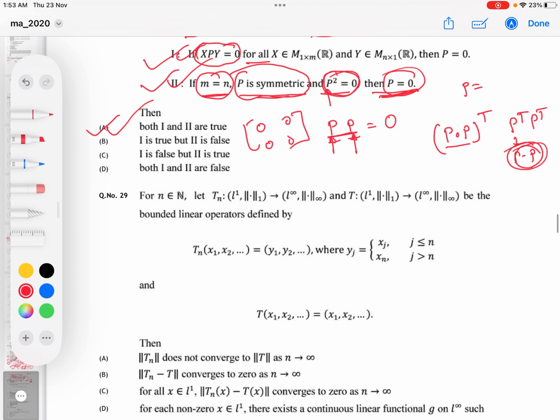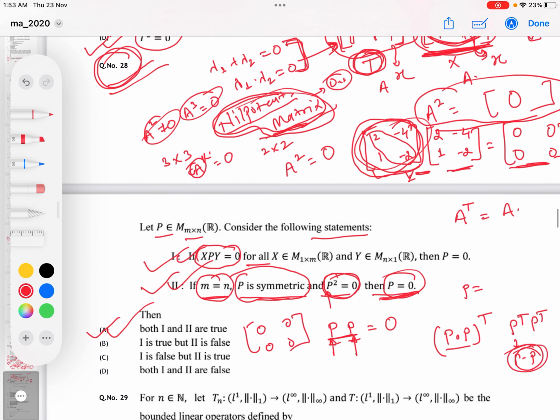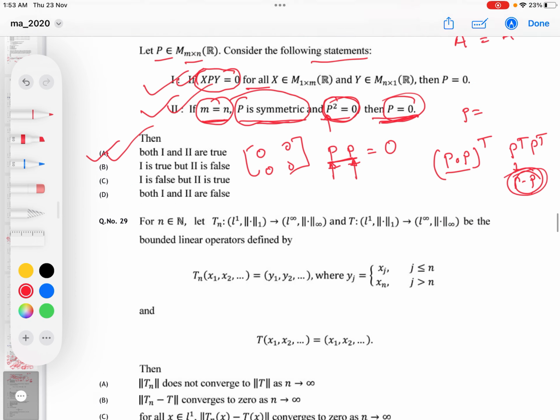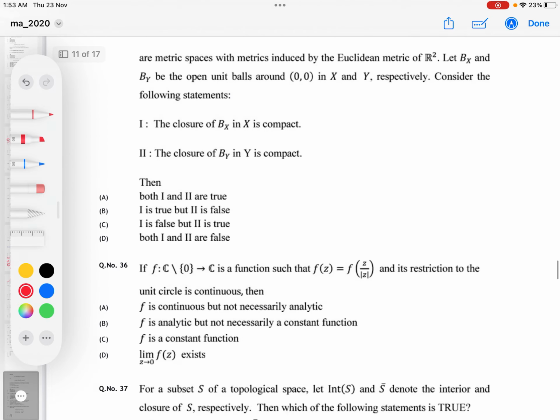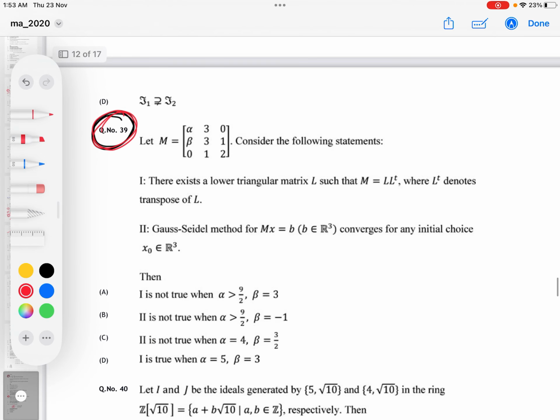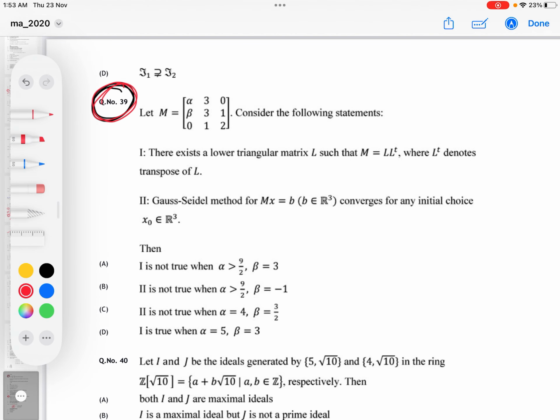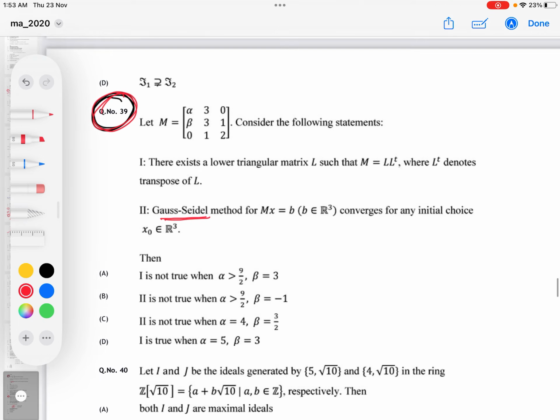Okay, now let's move to question 39. So this one, I think this Gauss-Seidel method is not in the DS data science and AI syllabus, but let's cover this question, but we will not cover statement 2.